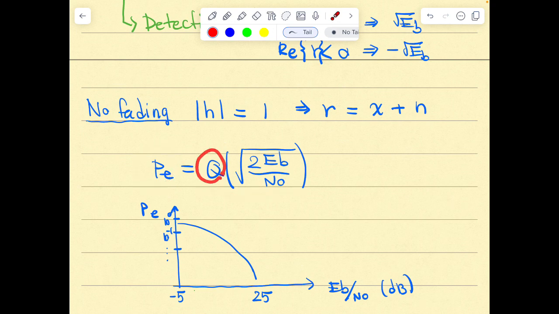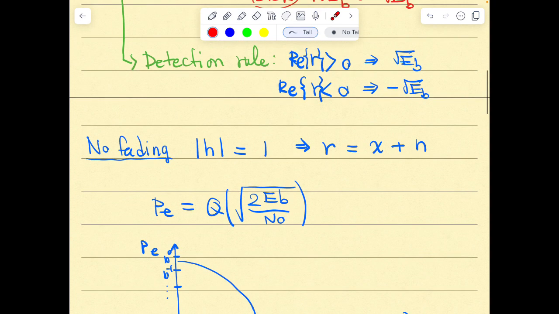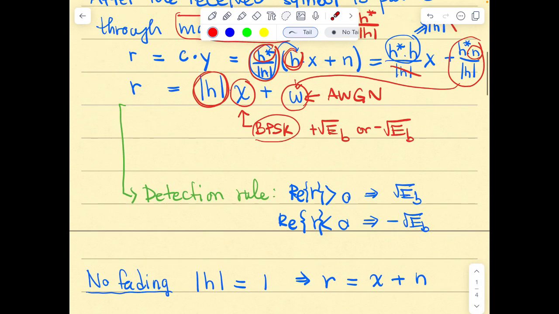So it's the Q function of square root of 2Eb over N naught. So remember what is Eb. This is related to the signal power, right? Remember, if we send bit 1, it's square root of Eb. If we send bit 0, it's going to be minus square root of Eb.